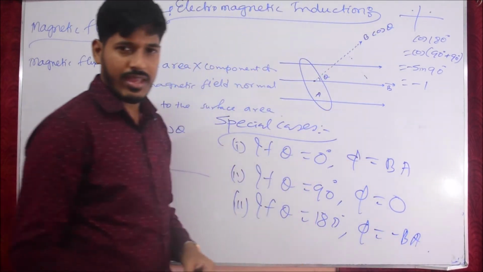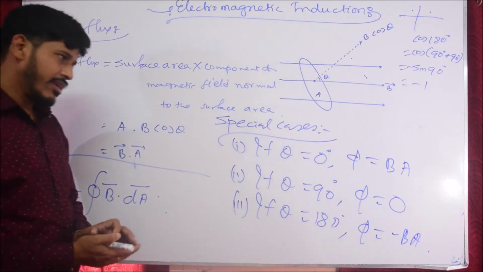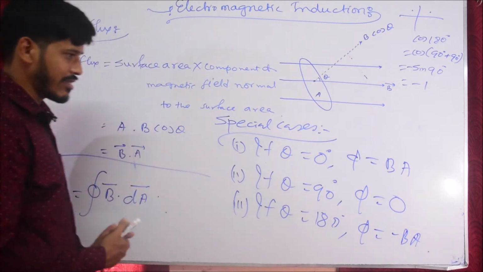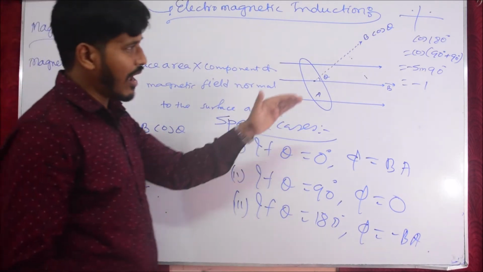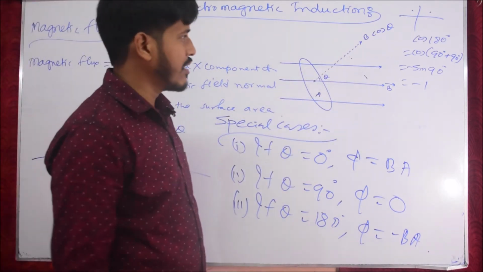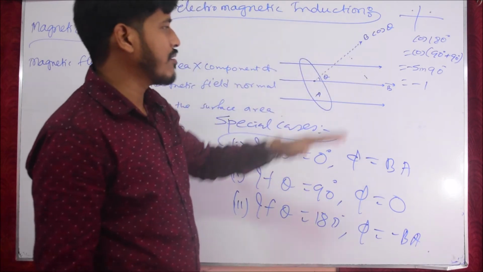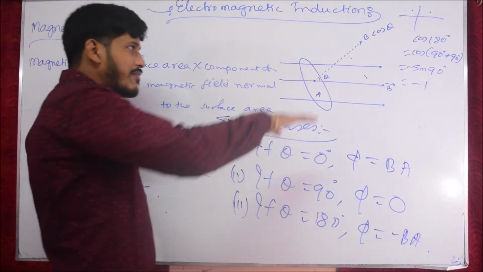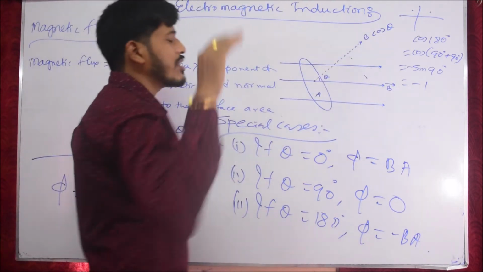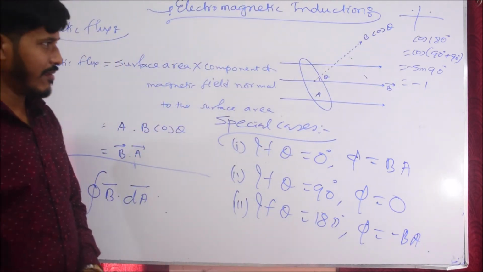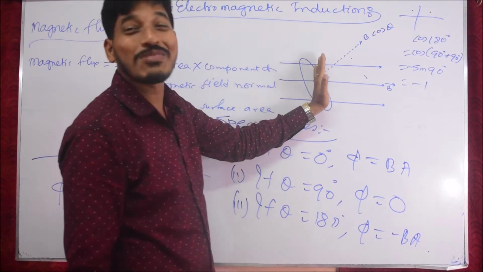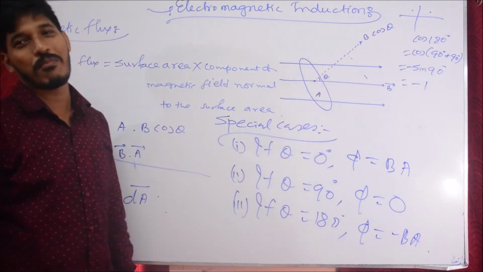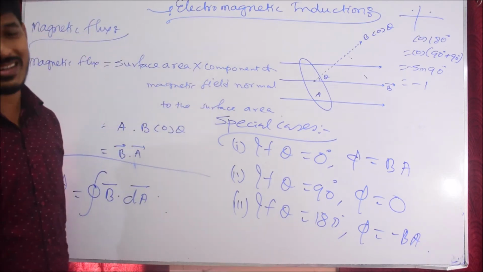So, anyway, if the surface area is in such a way that the normal makes an angle 0 degree with the magnetic field, it means this surface area is perpendicular to the magnetic field and we are getting the maximum number of lines of force. This is the fact.